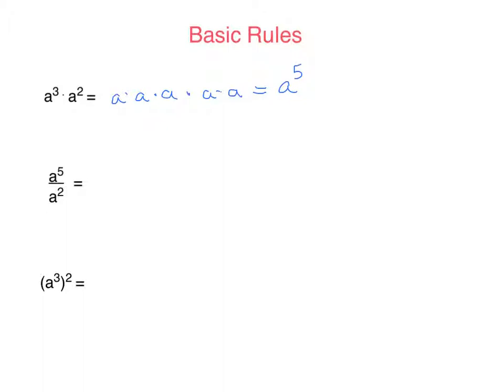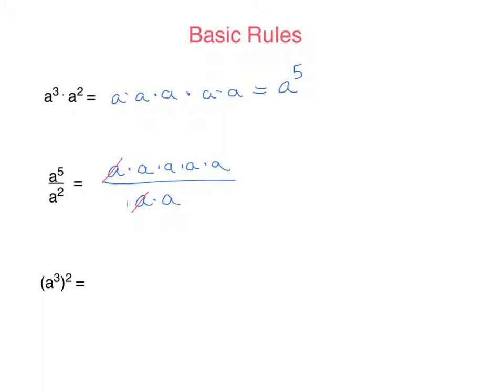Okay, if you're dividing, it works kind of similarly. If you write it out, a times a times a times a times a, there's my a to the 5th, over a times a. So if you had some sort of fraction like this, what you would typically do is start doing some reducing.